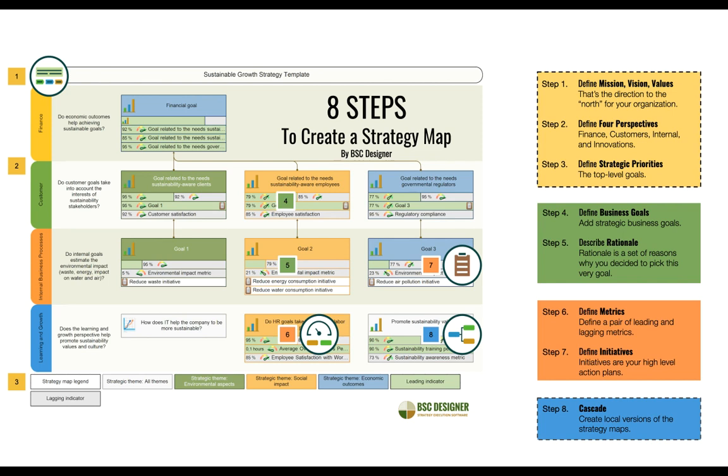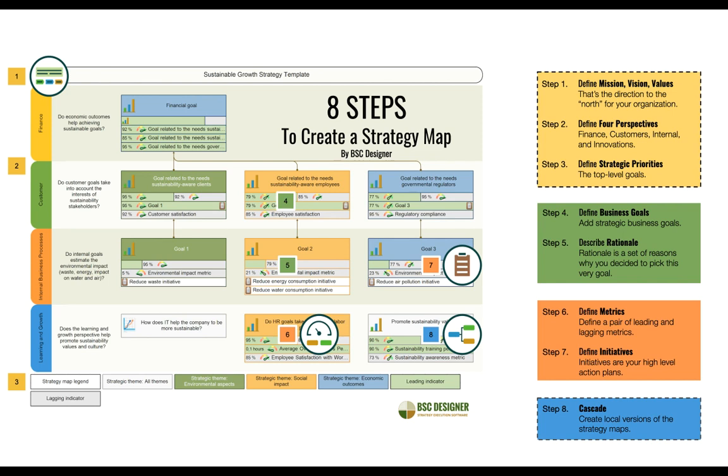And what is the solution? The solution is to align the top-level strategy map with a lower-level strategy map, to cascade the top-level goals to the necessary level.